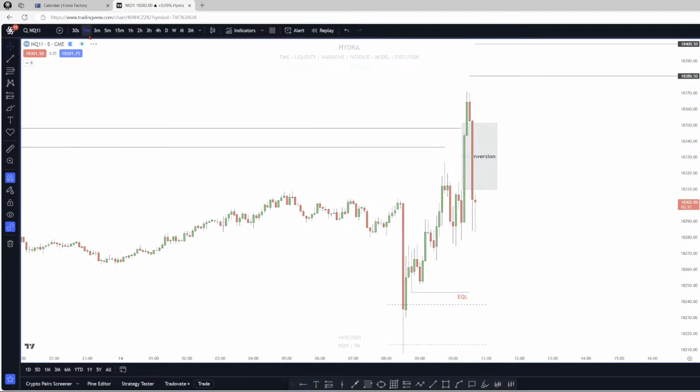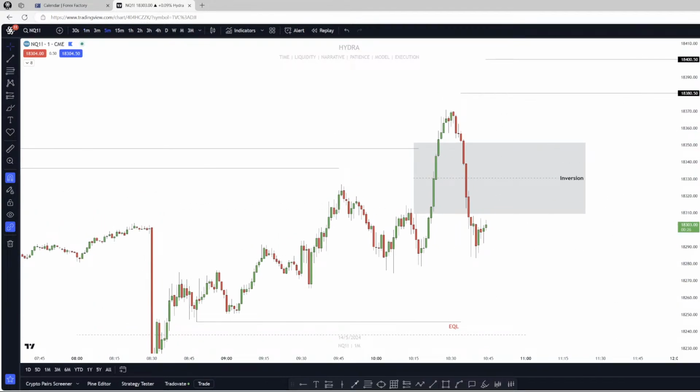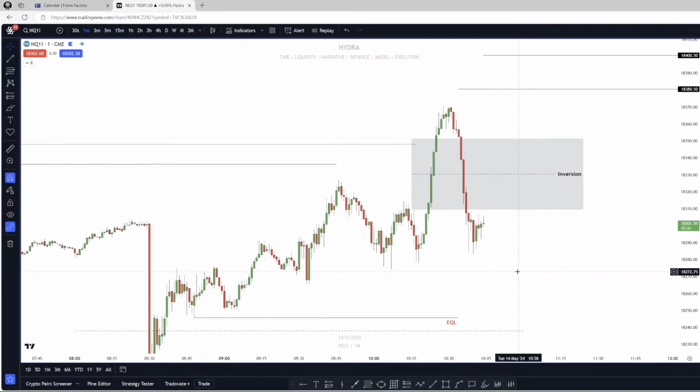We'll also have a new hourly candle very soon. No pennant here.